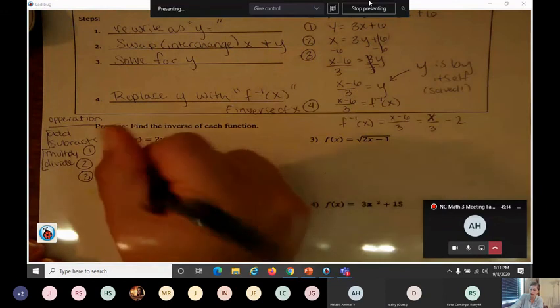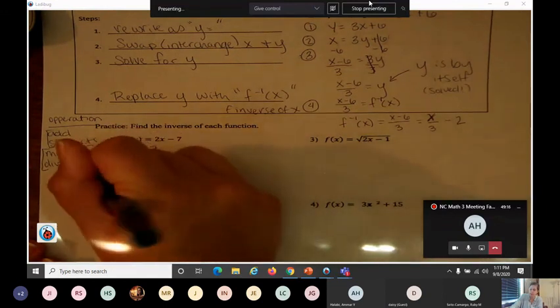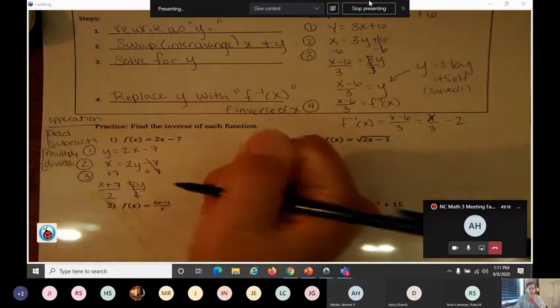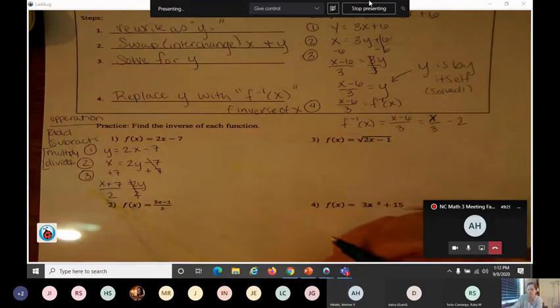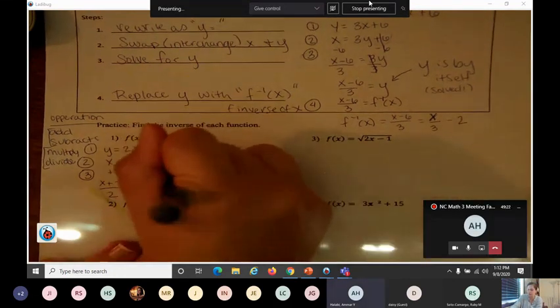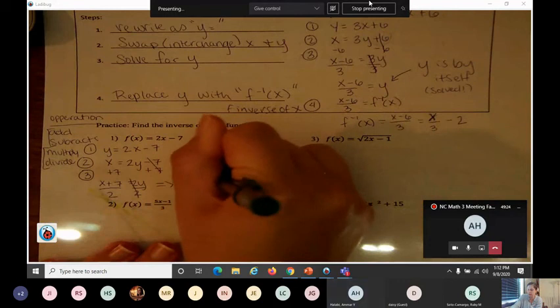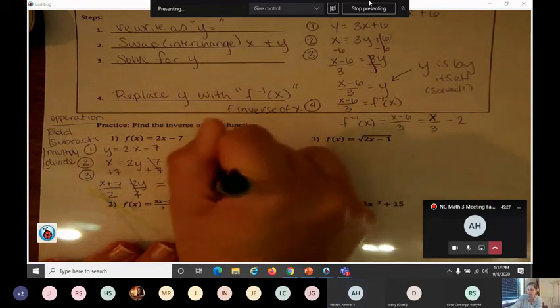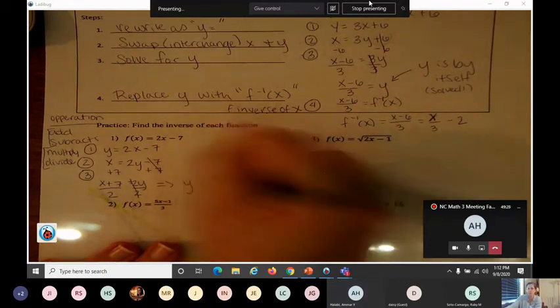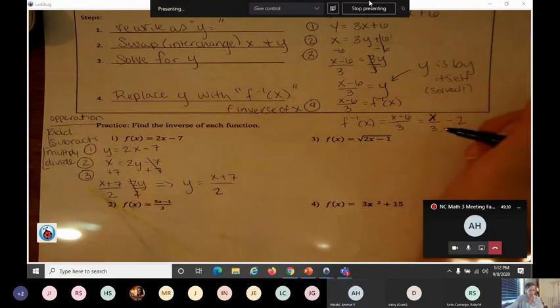So I want to divide both sides by 2. Okay, and that's how we would solve for y. So we would get y equals x plus 7 over 2. What questions do you have, Amar? Nothing. Okay, does that help?